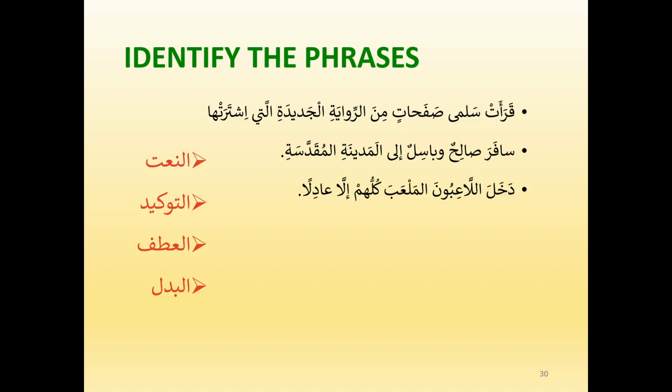Okay, there is an exception, istithna. Dakhala al-la'ibun, no, that's one phrase that's not here, but yes, you're correct. Adilan is actually your mustathna. But there's something else here. الملعب is the object. So kulluhum has to be a badal.